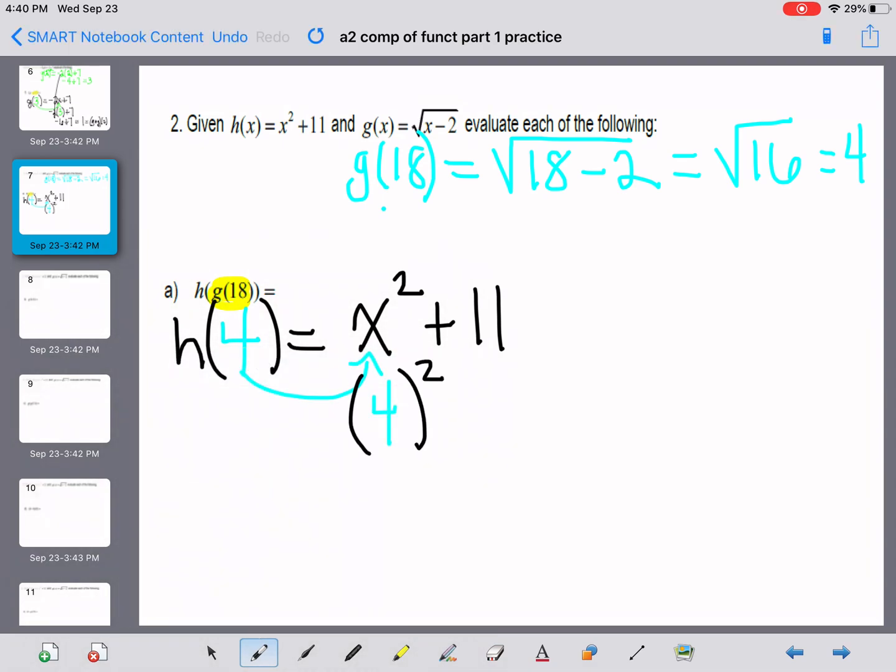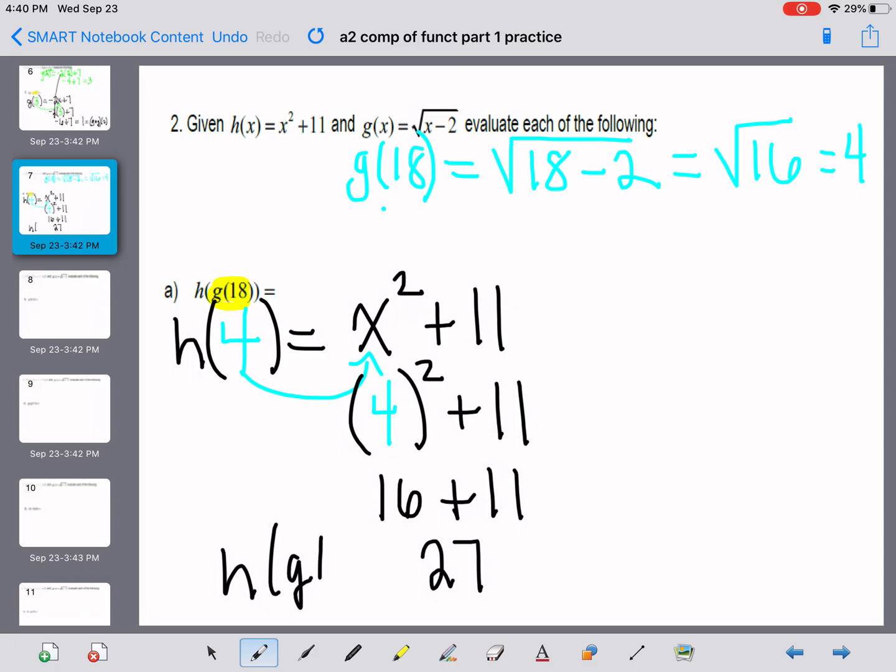It's going to be 4 squared plus 11. 4 squared is 16, 4 times 4, plus 11, and 16 plus 11 is 27. So h of g of 18 equals 27.